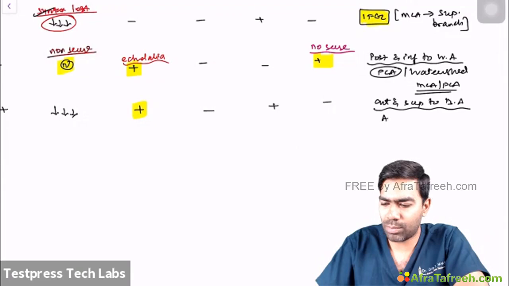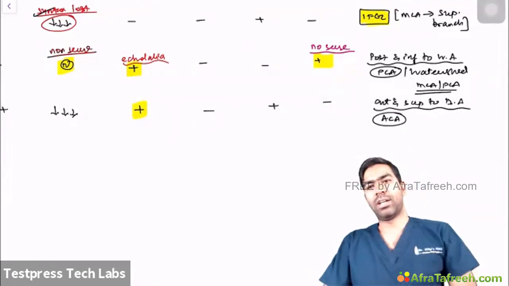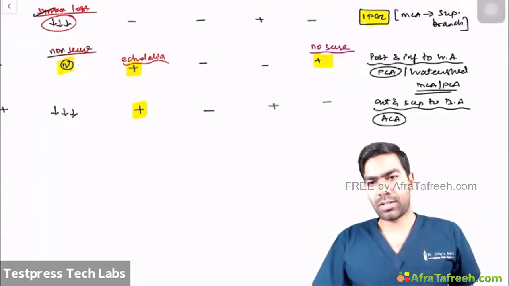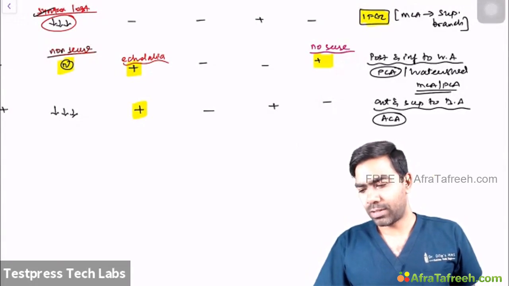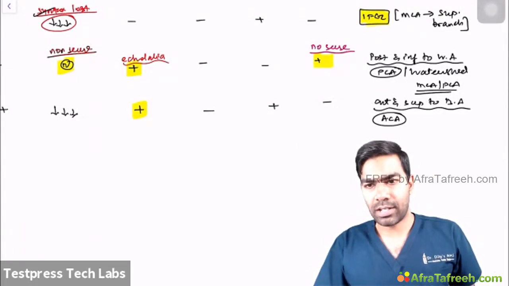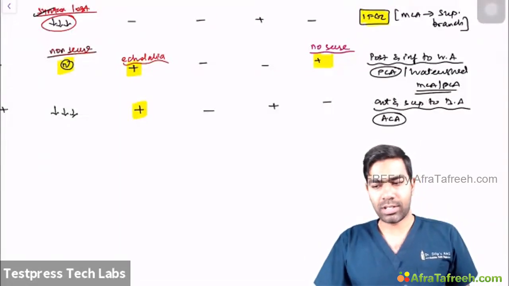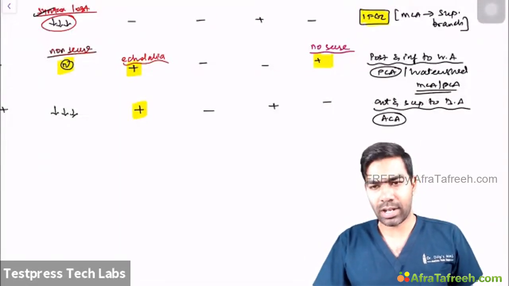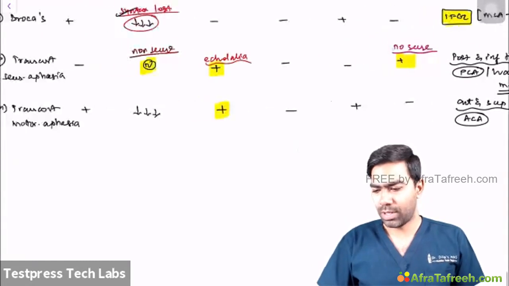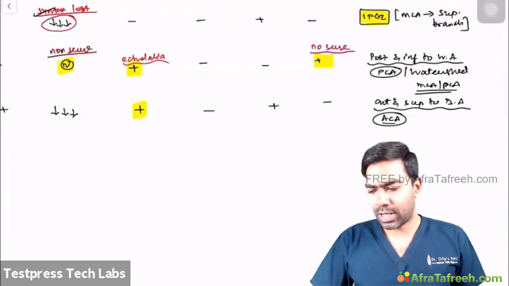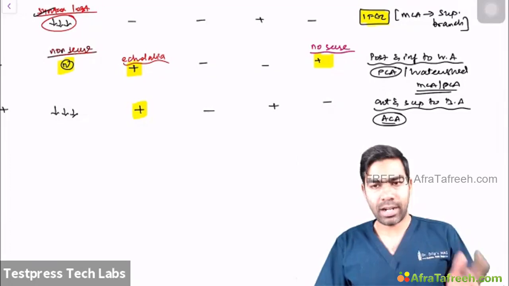And remember, most importantly, it is present in the ACA territory. Clear? ACA territory. And the sensory one is the MCA, PCA watershed, the posterior cerebral artery and middle cerebral artery watershed area. That is where it will be located. I'll show you in some time. So anterosuperior to Broca's area means it will be located basically in the anterior cerebral artery territory.